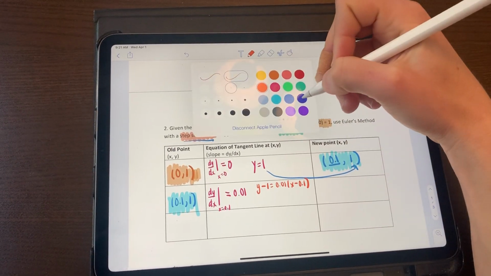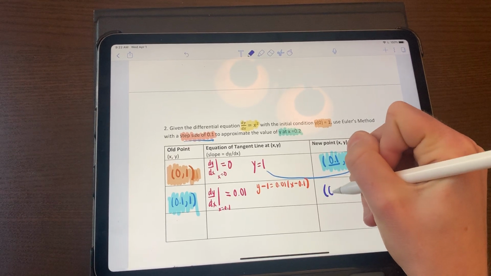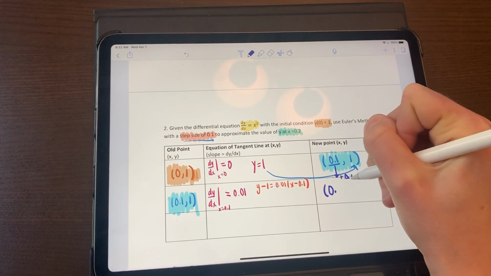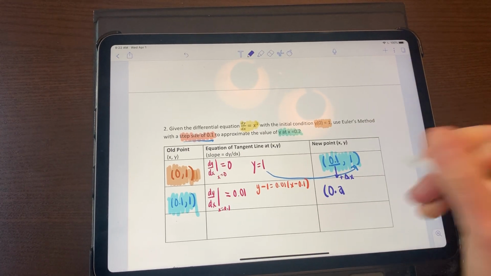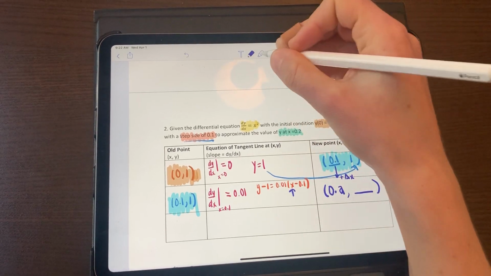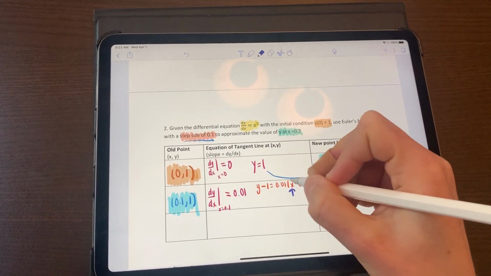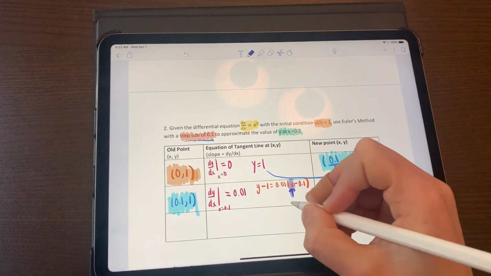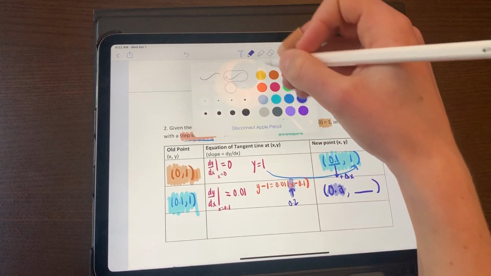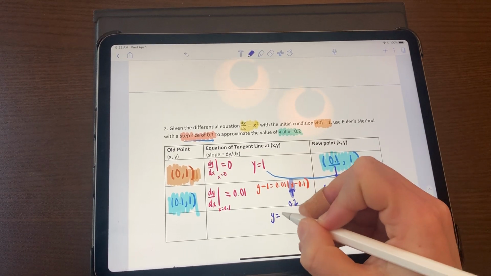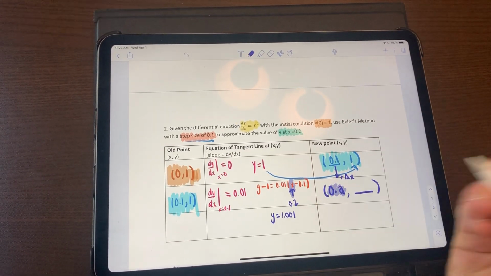And how are we using this to get our next point? Well, our step size, take this, add delta x, (0.2, something). So we're going to plug in 0.2 here for x, and we'll get y is equal to 1.001.